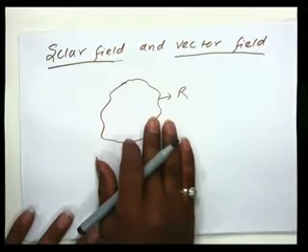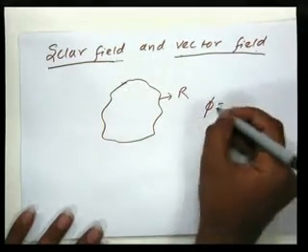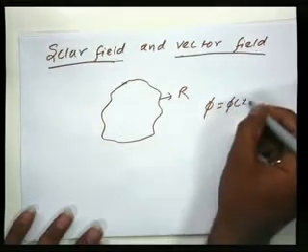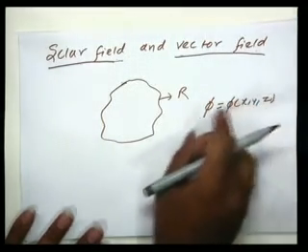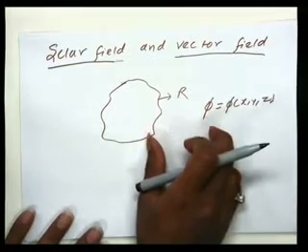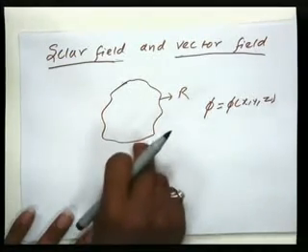Any scalar function represented in 3 dimensions, that is x, y, z, is called a scalar function of R, in a scalar field. Why?